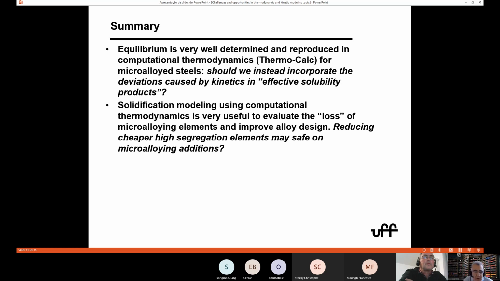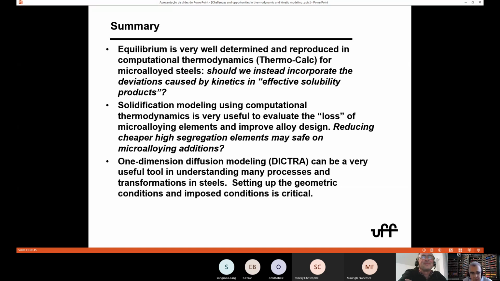Well, it depends. If you have a lot of segregation, you can start losing vanadium at the start of the solidification. It's bad enough. So then you say, how can this company make these plates which my client buys with this composition and I cannot make it? I make the same composition and I don't get the properties. Well, look at the segregation, look at how much effective solutes you have. It will make a big difference.